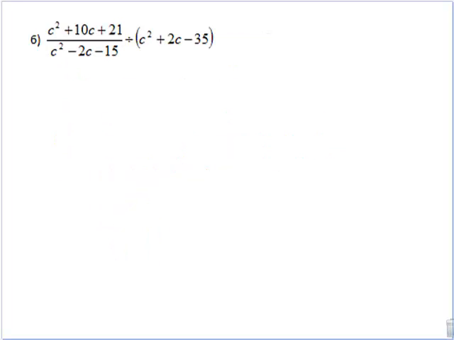All right, another one that involves a bit of factoring. C squared plus 10c plus 21 over c squared minus 2c minus 15 divided by c squared plus 2c minus 35.